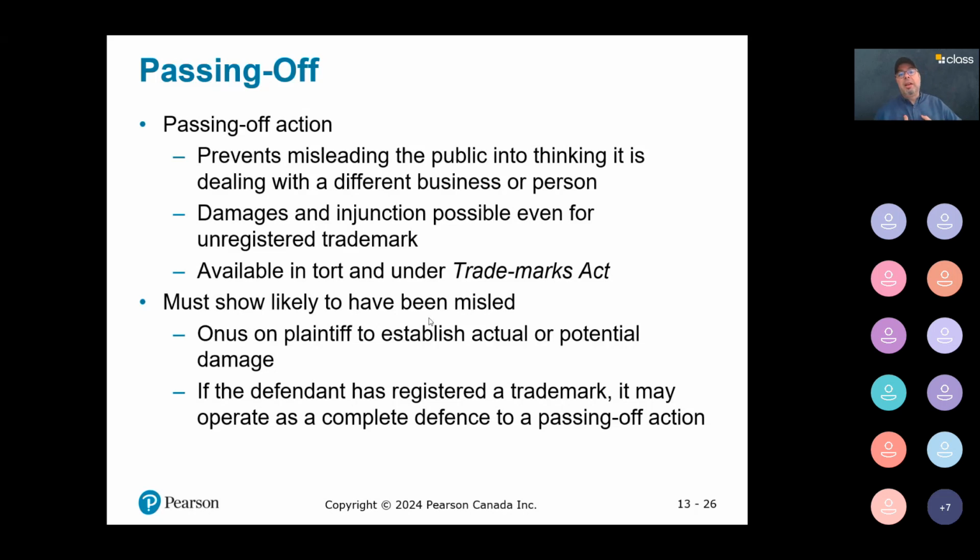Because I don't have a registered trademark, if someone uses my JM brand, I cannot sue under trademark infringement. But I could potentially sue them under the tort of passing off. Passing off is a common law remedy under tort that allows brand owners to go after people who are trying to mislead and benefit from their brand that is not a registered trademark.